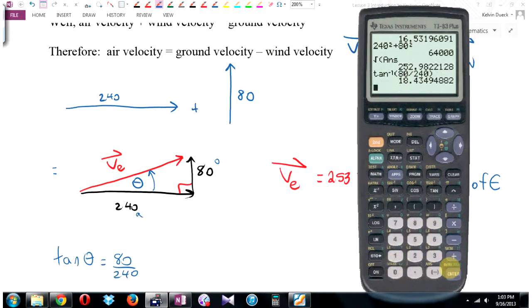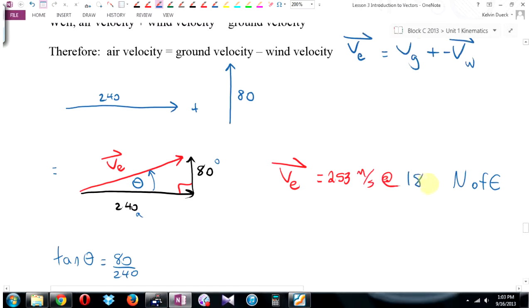Do you get 18.4 degrees? Right. So subtracting vectors, fair game now.